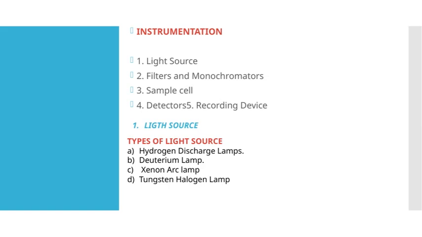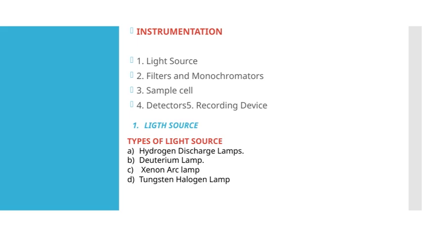Now, let's take a closer look at the different types of light sources commonly used in instrumentation. First, we have hydrogen discharge lamps, which are known for their strong emission lines in the UV range, making them useful for specific spectroscopic applications. Next is the deuterium lamp, which also emits in the ultraviolet region, but with a different spectral profile, providing a stable and continuous source for UV measurements.